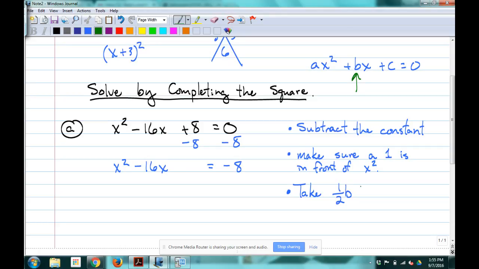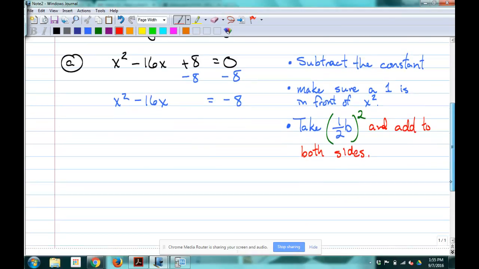Now, we're going to square that. This is the part that does the magic. 1/2 of negative 16 is negative 8.